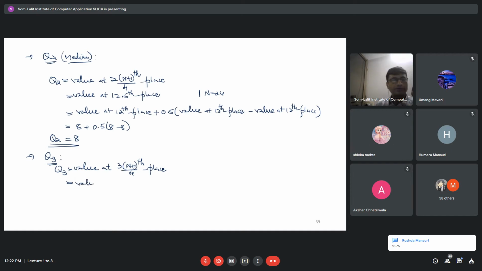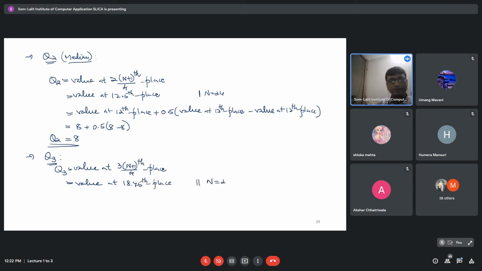Yes. So here you will get this position 18.75. You know n is 24 here, as we have used twice. Okay. So you can write here the observation or value at the 18th place plus 0.75 into the observation or value at the 19th place minus the observation or value at the 18th place.